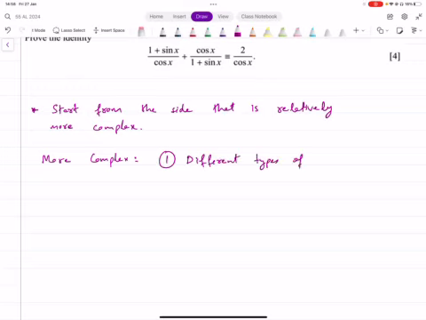Different types of functions, that could be one thing that you could look at. Another thing could be that you have more number of terms on that side, right? That could be another thing.